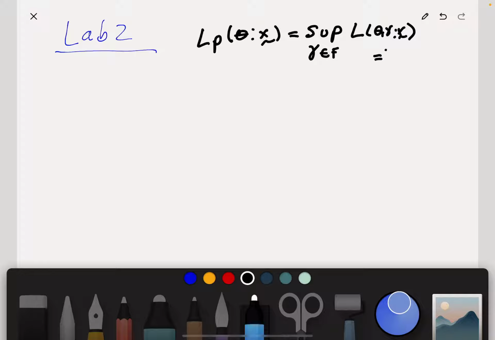And this is just equal to L of theta, gamma hat of theta. You'll take the best gamma at theta, and this is for all your data.